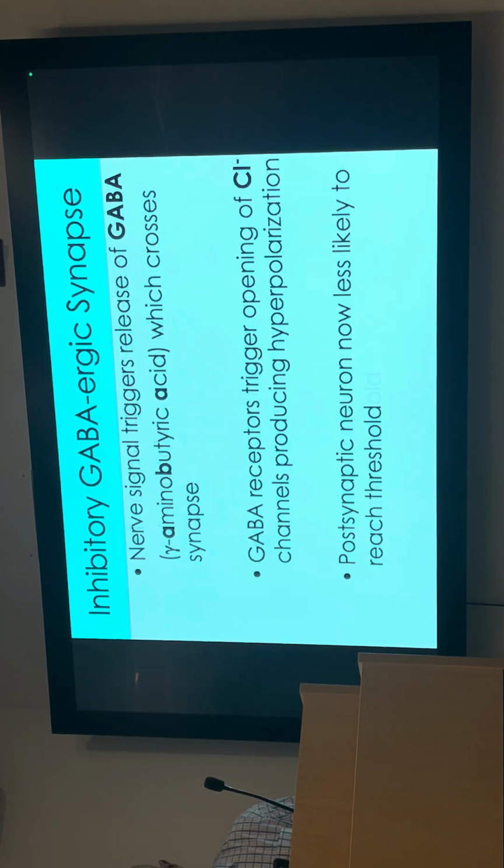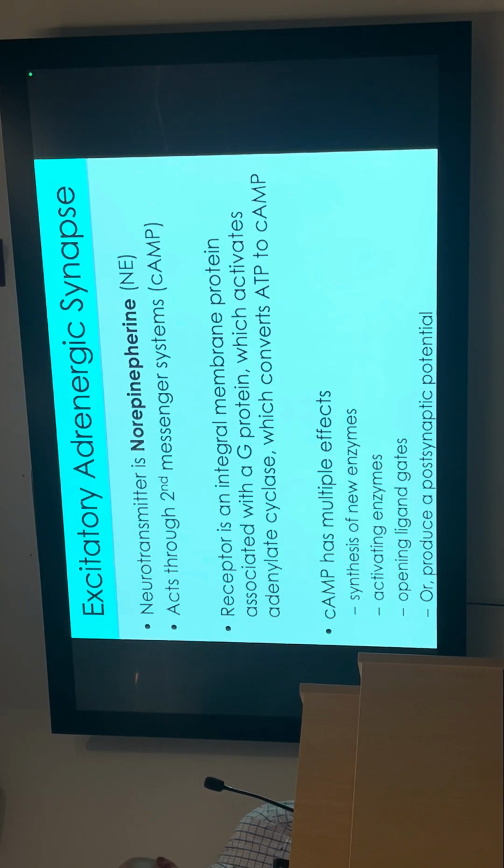Here's finally an example of another very common type of synapse using a different neurotransmitter, in this case norepinephrine, otherwise known as adrenaline. When we get to the sympathetic nervous system, fight or flight, this is the neurotransmitter we use. All I want you to know right now is it works a little bit indirectly. Remember we talked about the second messenger system? Do I have a diagram here?